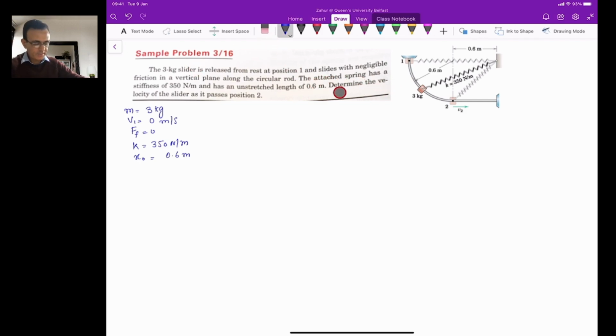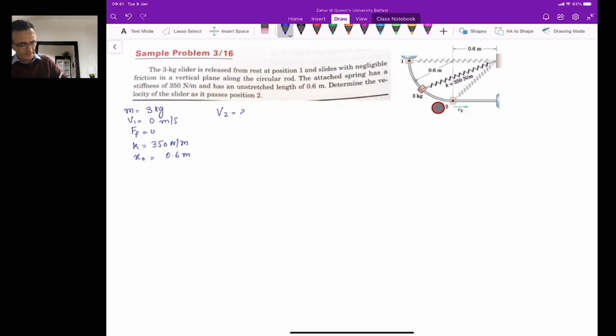So determine the velocity of the slider as it passes position 2. So you need to calculate v2, which is the velocity of the particle when it passes through position 2. So this is unknown here. Now as you can see, this problem we can solve using the work and energy principle, or work and energy equation.